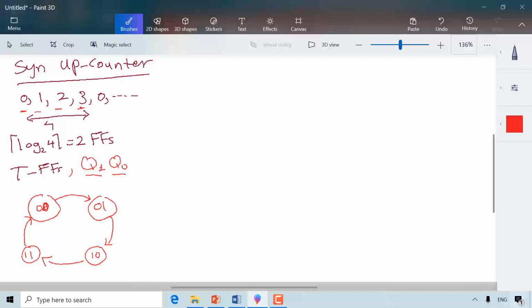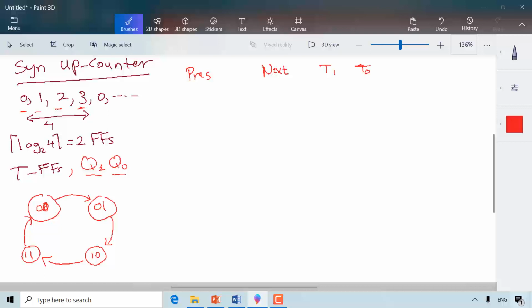Next, what I do in the design process is that I construct my state table. So I say present state, next state, and then I'll use T1 and T0 because these are the inputs that I'm trying to find out.